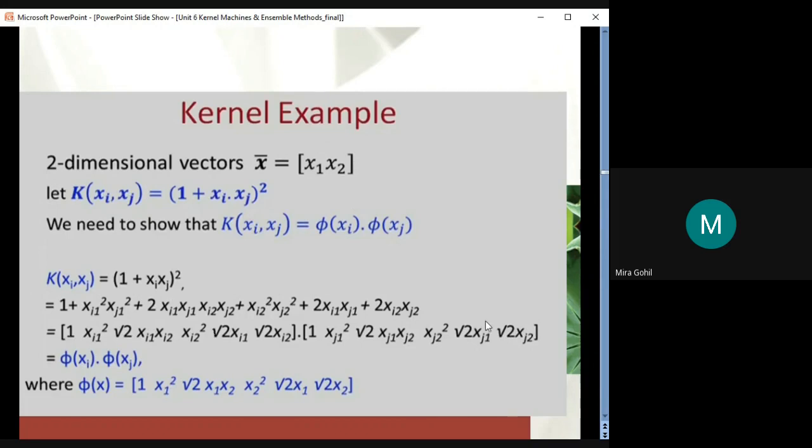So this is the expansion of this particular function, and if we convert this step into a dot product of vector space, then we are having this terminology.